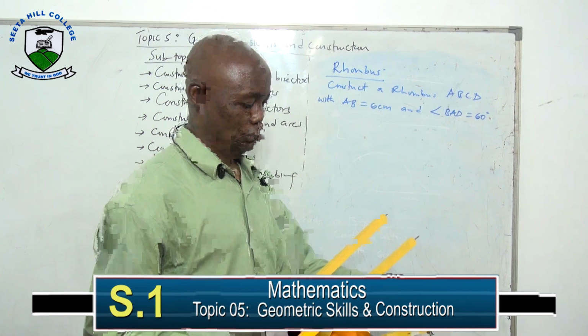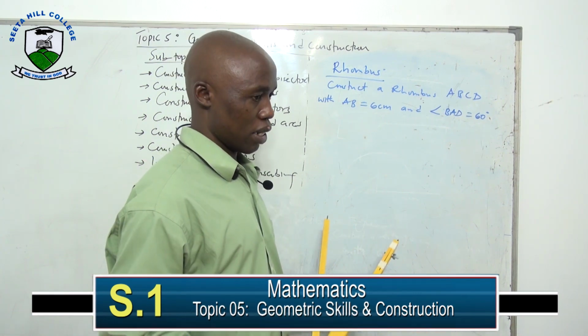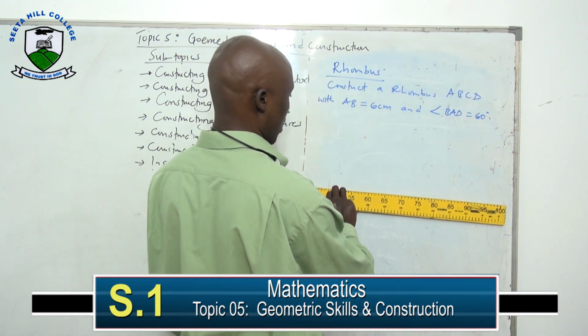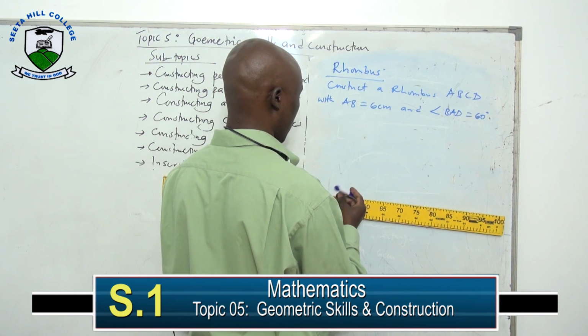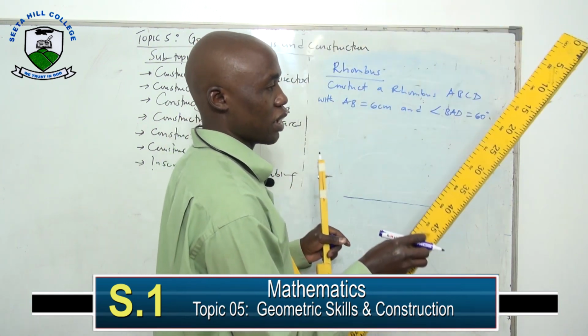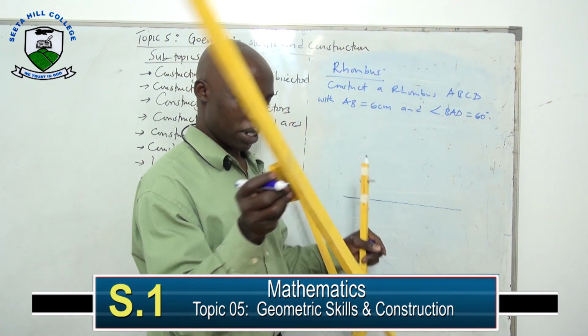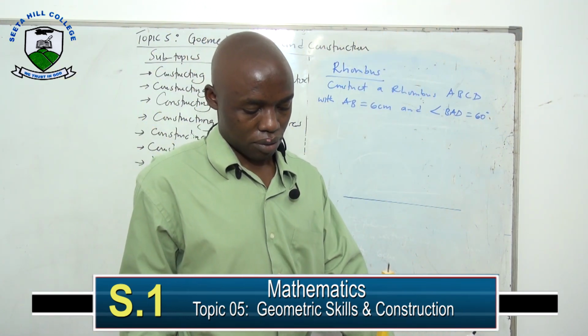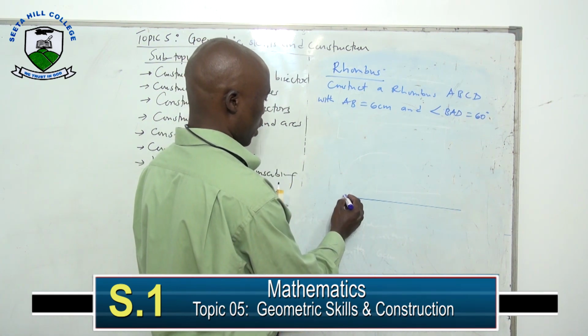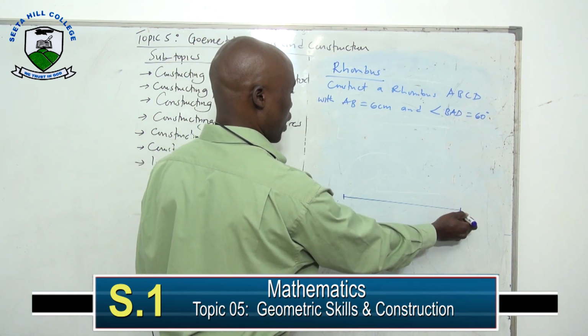That means we need to have a length of 6 measured accurately. Make sure you measure 6 accurately. My ruler is a bit distracting, that's why I'm just using illustrations.